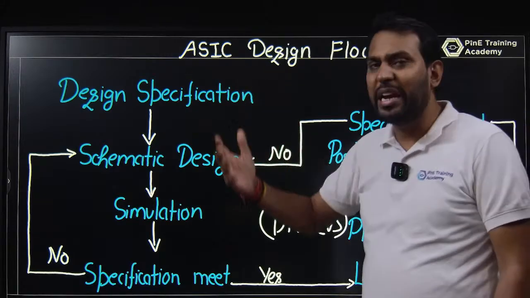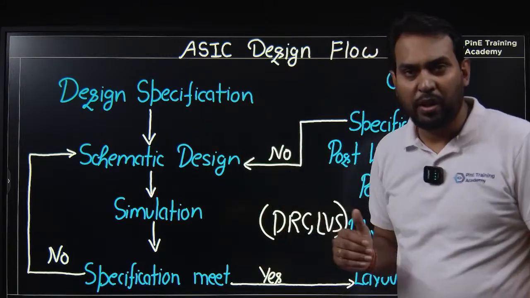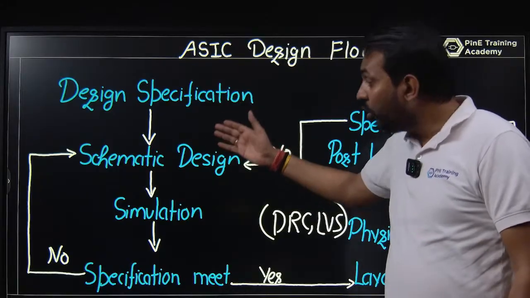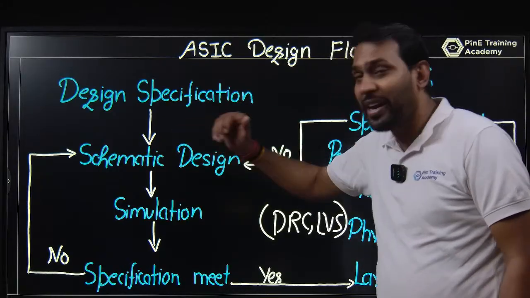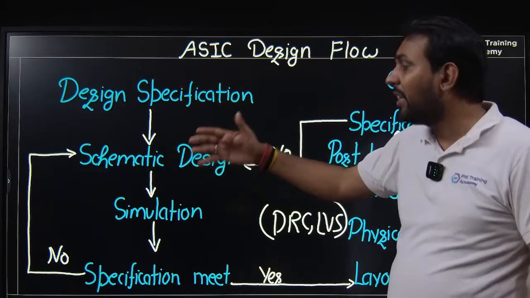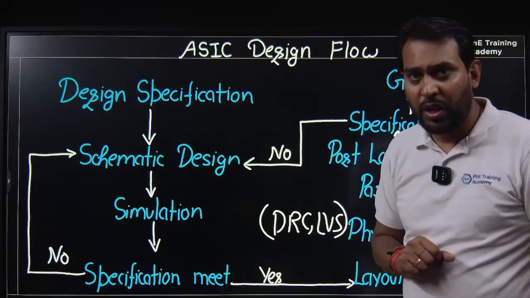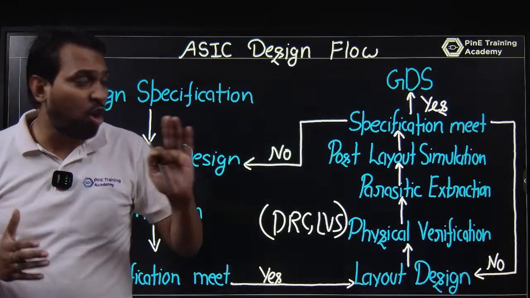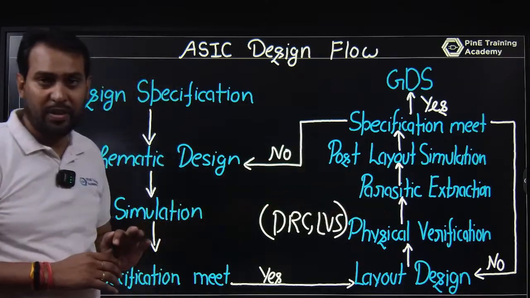Of course we have a finger and multiplier, and as a circuit designer we will change it. Or you can say, sir, you have a resistance in your schematic, please convert this schematic resistance to a MOSFET. So this is the communication between the analog circuit designer and the layout designer.